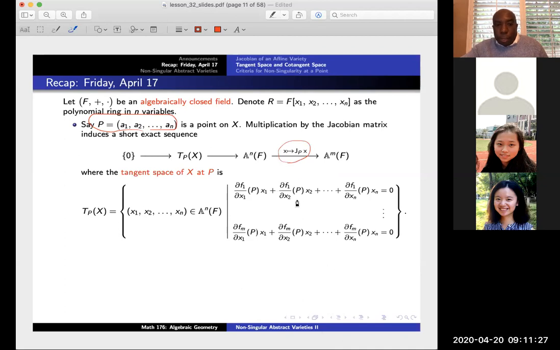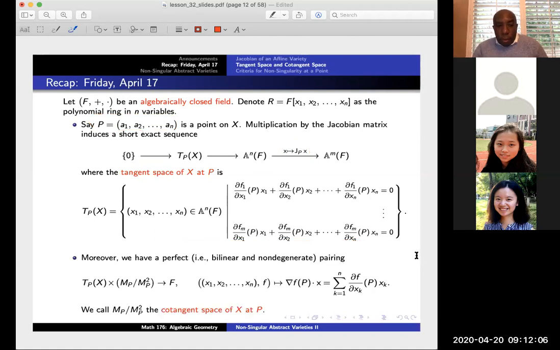So here we have a linear transformation from the collection of n-dimensional vectors to m-dimensional vectors by literally just multiplying by this matrix. So that means that here we have a kernel set of vectors that maps to 0, and that's what we're defining as the tangent space. So again, it'll look like the kernel of this linear transformation. Or if you will, here we have a set of linear equations. So here we have m linear equations and n unknowns. And this is what we're defining as the tangent space.